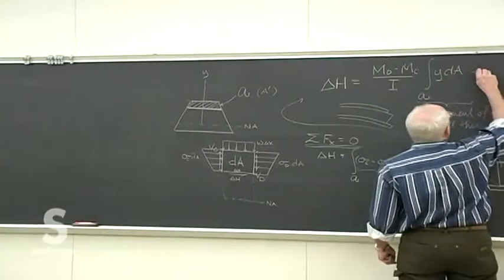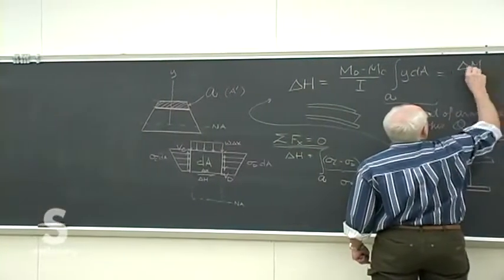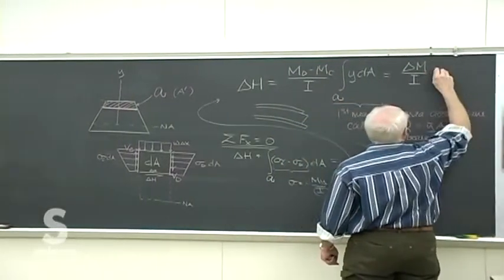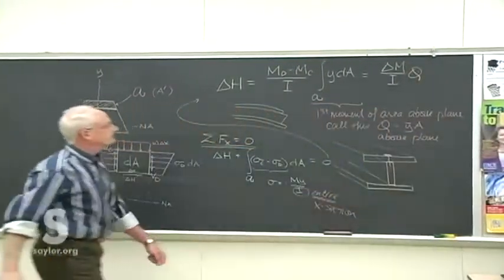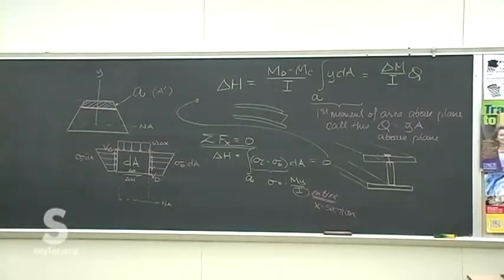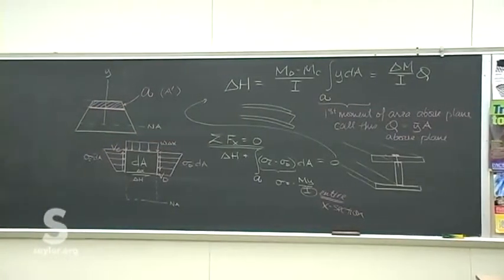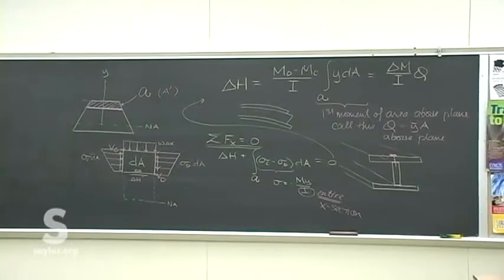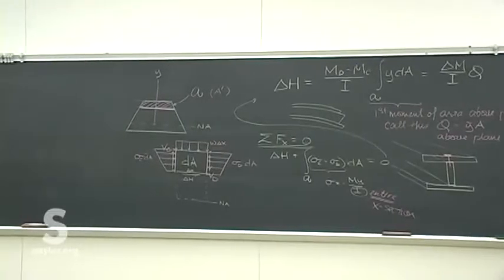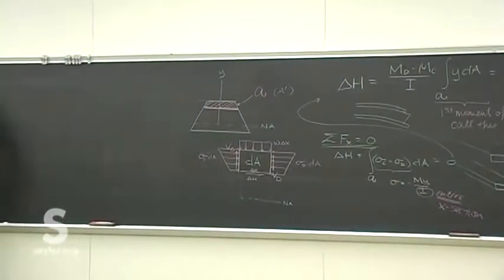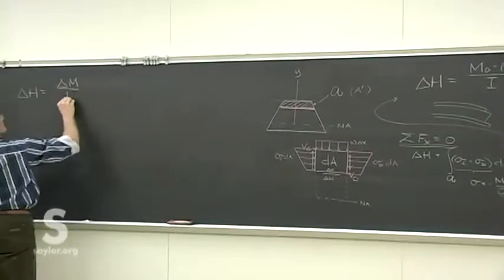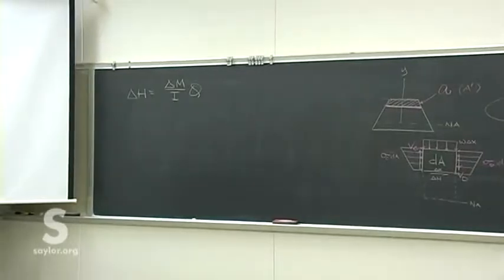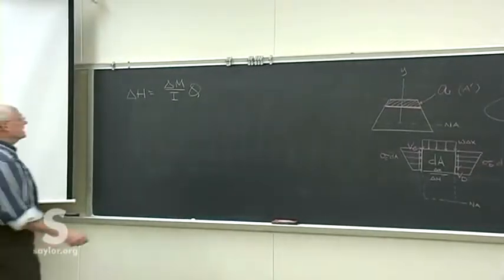So this becomes delta M over I, where delta M is just the difference in the moment on either side, times Q. Now we're almost done with all the pieces we need. So let's see what we've got. I'm just rewriting that same thing, delta M over I times Q. Now we're going to grab something from a little bit in the past.